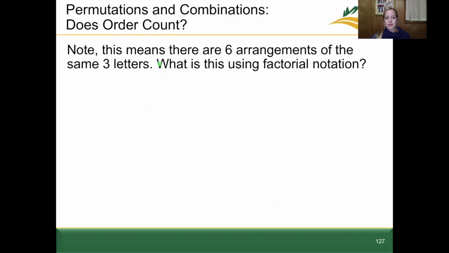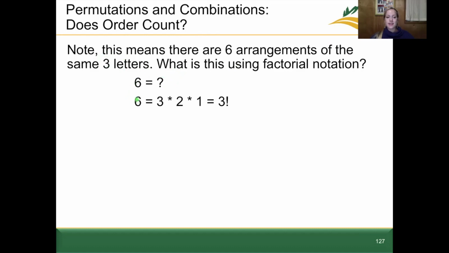Think about that. One note before we talk about that explicitly, this means there are 6 arrangements of the same 3 letters when we're talking about permutations. What is this using factorial notation? Well, 6 is equal to what as far as the number 3 goes?